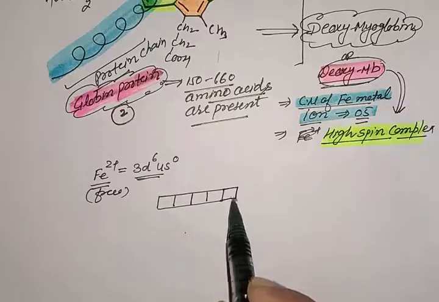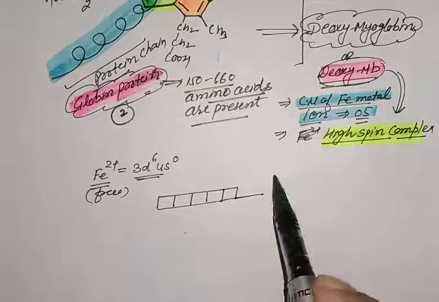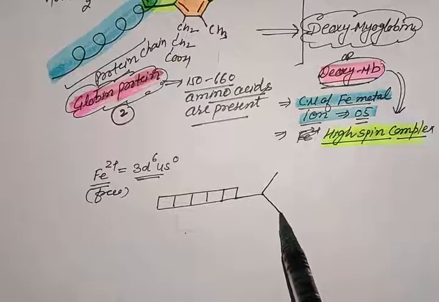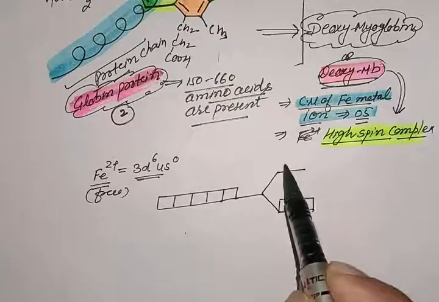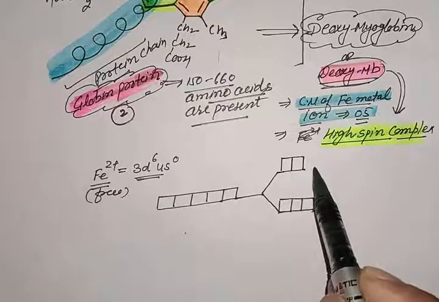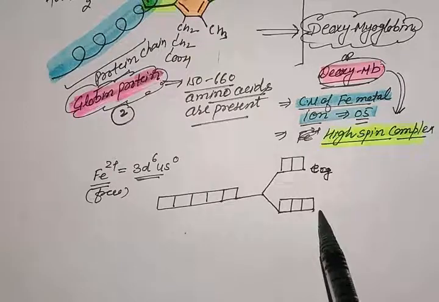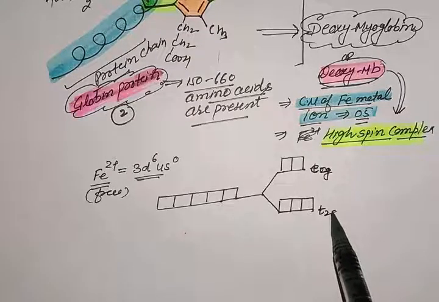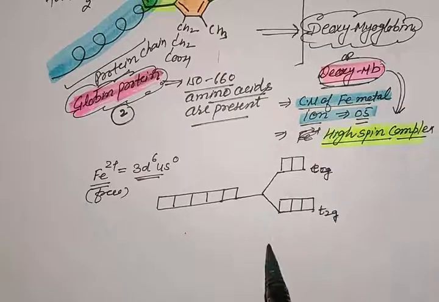When a metal complex is formed, like here the deoxymyoglobin complex, the metal 3d orbitals split into two sets. The higher energy orbitals are called eg orbitals, and the lower three degenerate orbitals are called t2g orbitals.